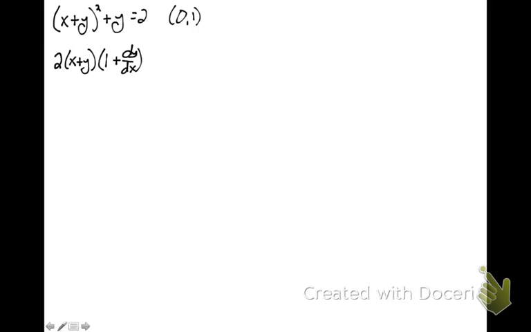This is plus the derivative of y, which is dy/dx. This is going to be interesting. And this will equal 0.